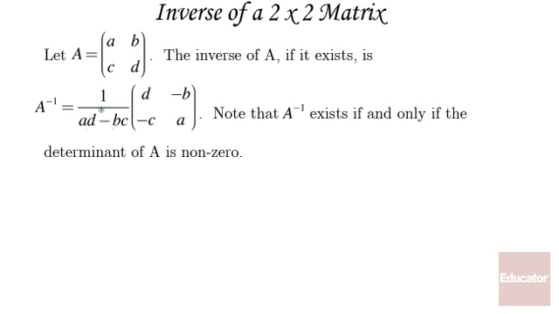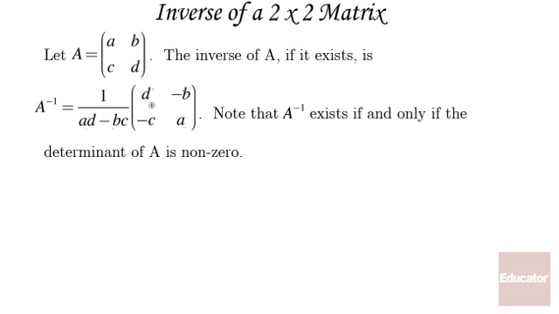So it's 1 over the determinant times this matrix. And it's pretty easy to remember how you form this matrix if you just look at it this way. The way I got this is I switched the positions of A and D, and then I took the opposite sign of B and the opposite sign of C.